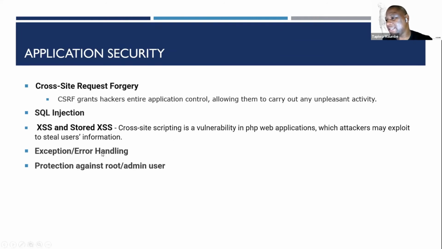Then exception handling. When you're building an application, especially for prod and staging areas, you need to give as little information as possible about any error which has happened in your application. You don't want to show too many errors there.